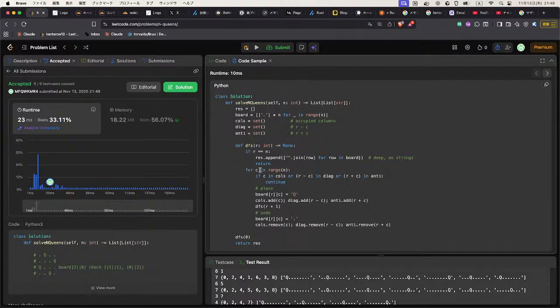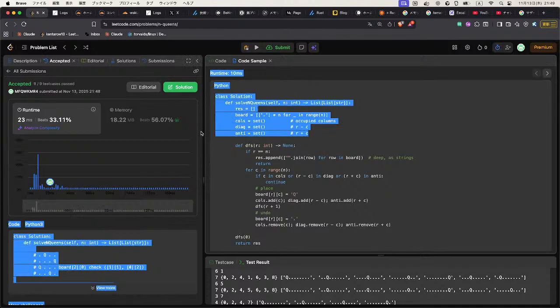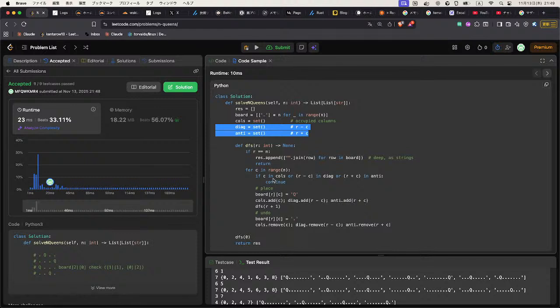Diagonal. Two diagonal lines. Row plus... I see.